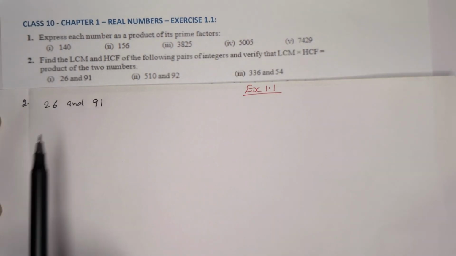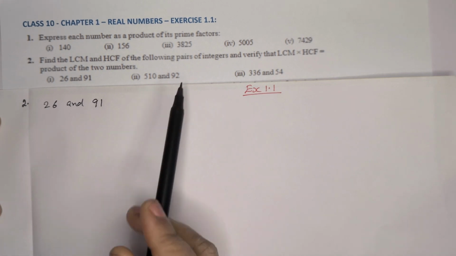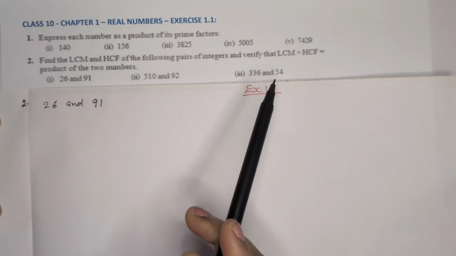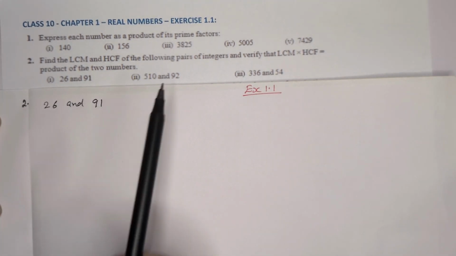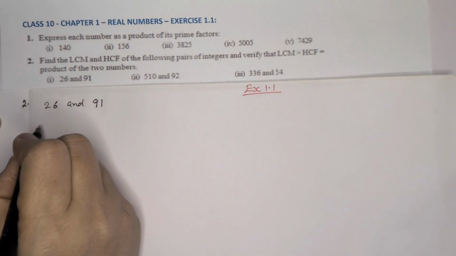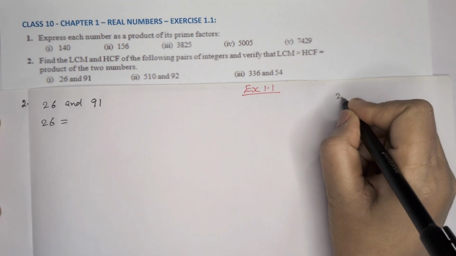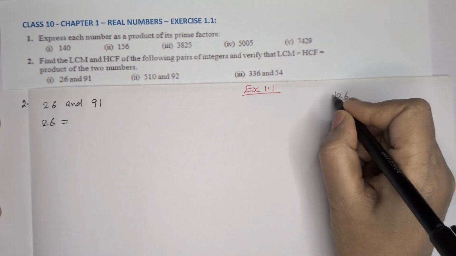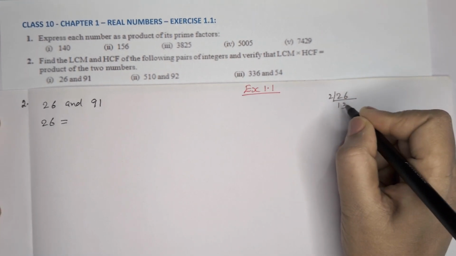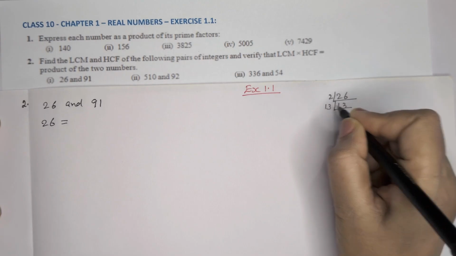Second question: find the LCM and HCF of the following pairs of integers and verify that LCM into HCF is equal to the product of the two numbers. So 26, when we do the prime factorization, 26 by 2 is 13. 13 is a prime number.